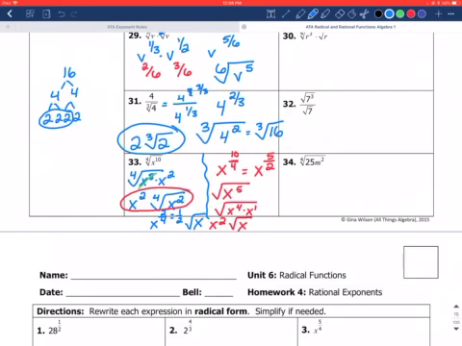A lot of times, especially in the final exams and stuff like that, which you don't need to worry about now, but just in the future, if you're ever on a multiple choice question and they give you something like the 4th root of x squared, or you work out your problem and you get something like this, and then they give you x squared to the square root of x, you can kind of see how the 2 and the 4 will simplify, right?